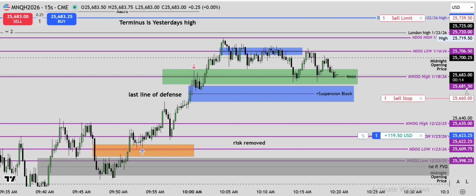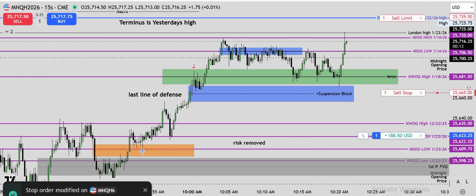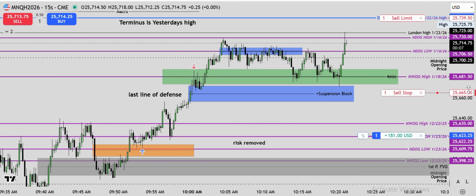Again, just watching that 4 minute gap. I extend it forward a little bit more right there. See how it taps into that suspension block, and then we get blast off, and price starts to move up towards my terminus. And yep, I adjust my stop a little bit more, lock in a little bit more profit.